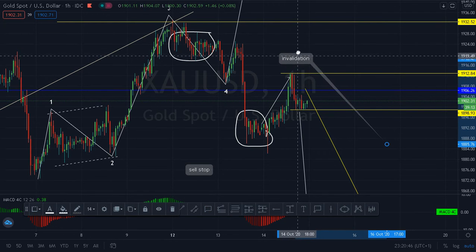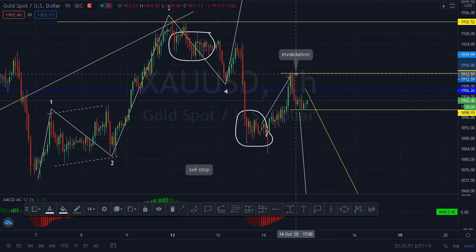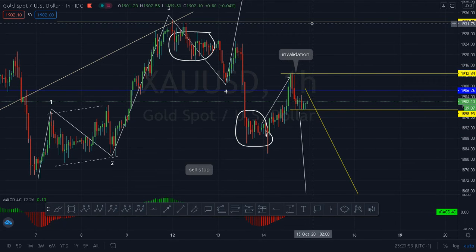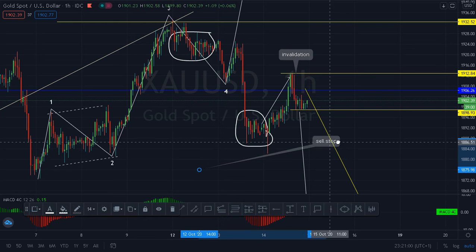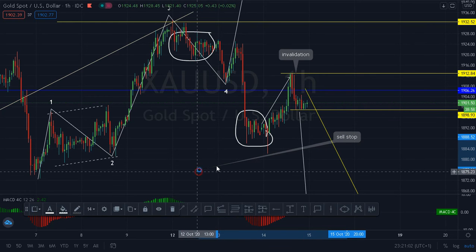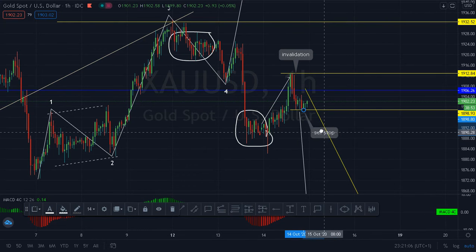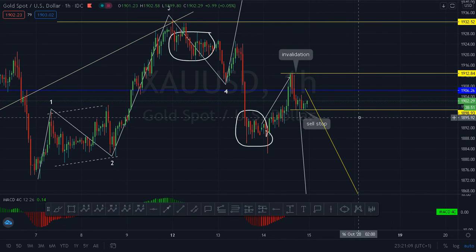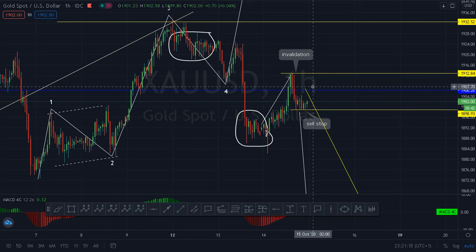Here is the stop loss, also known as invalidation. If price breaks it, then we look for something else. But price might try to break it, and if it doesn't break it, then it means it's a good trade. So I'm going to put a sell stop this low. But if the price keeps going and goes above this one and keeps going, I will cancel the order.